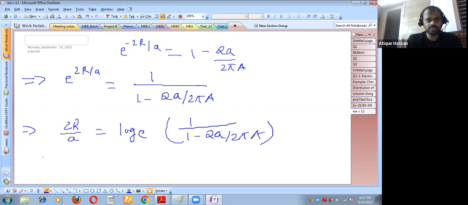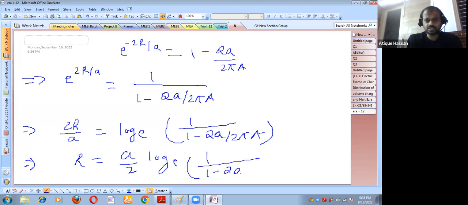So from here you can get R. The value of R will be a by 2 log e of 1 by 1 minus qa by 2π a. This is our final answer.